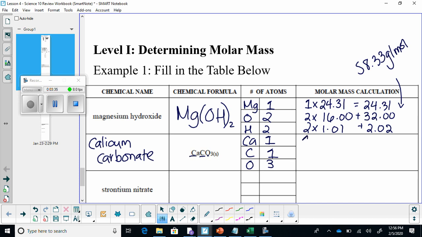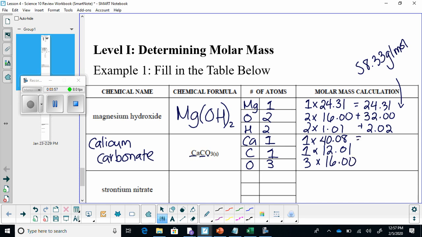You're going 1 times the atomic mass of calcium, which is 40.08. Carbon, which we have 1 atom of, multiplied by 12.01. And then we have 3 oxygens multiplied by 16.